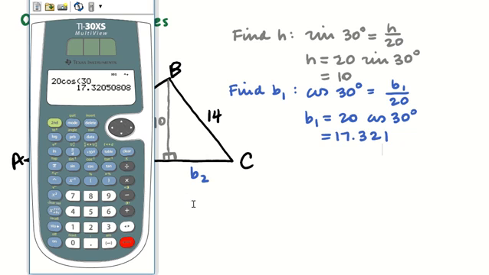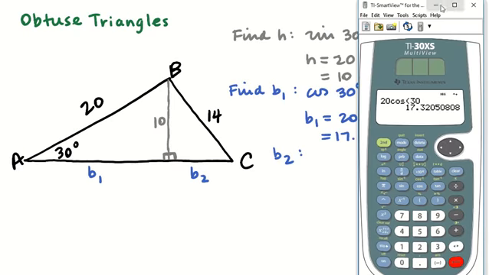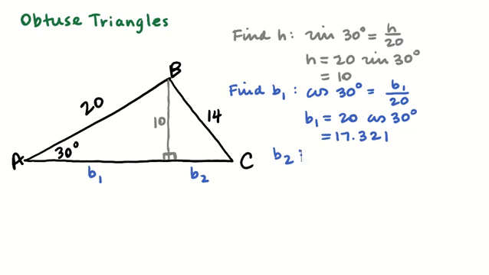Okay. And then we can find B2 using the Pythagorean theorem. So I'm going to say 10 squared plus D2 squared equals 14 squared. So D2 squared is equal to 14 squared minus 10 squared.